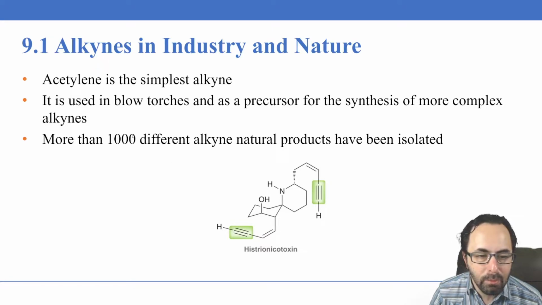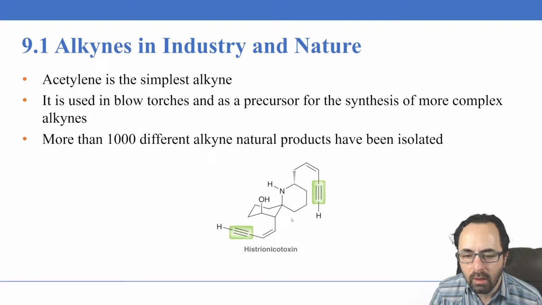This is much fewer. There are probably millions, or at least hundreds of thousands of alkenes that exist in nature, but about 1,000 alkynes. One example is this histrionicotoxin, which exists in frogs, I believe it is, and it has two carbon-carbon triple bonds here, two alkyne groups.